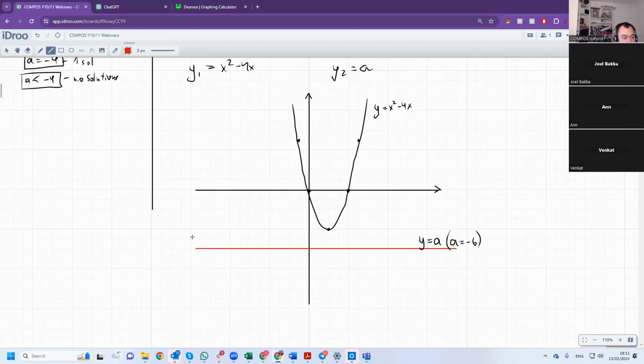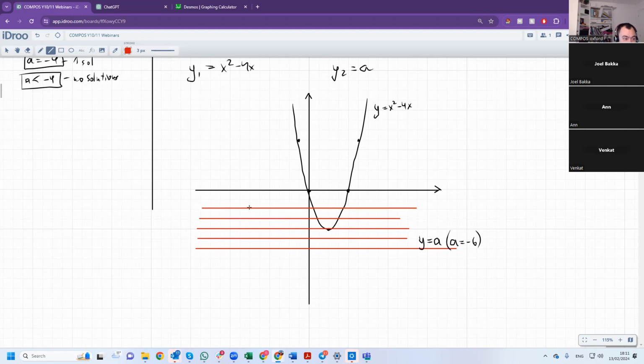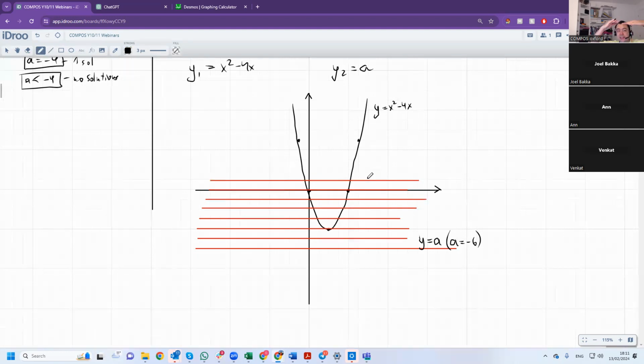Then this would be y equals minus 5, y equals minus 4, y equals minus 3, y equals minus 2, y equals minus 1, y equals 0, y equals 1, etc. So y equals a is a horizontal line depending on what a is.